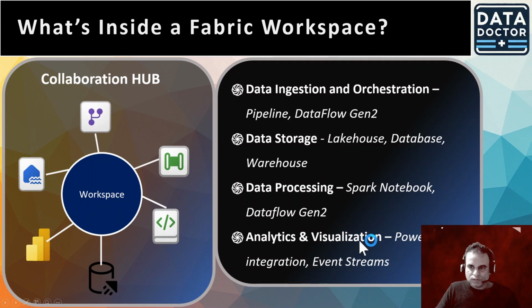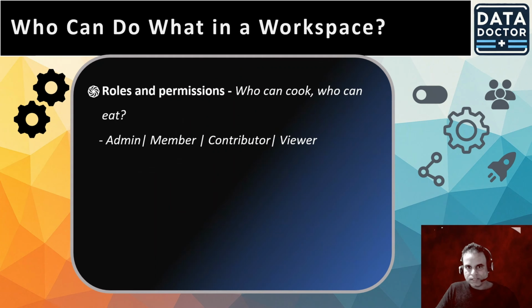For analytics and visualization, we have Power BI integration and event streams. These tools fulfill the requirements of the data personas, and as I said, they are able to collaborate and perform their respective tasks. So these are the items inside a Fabric Workspace.